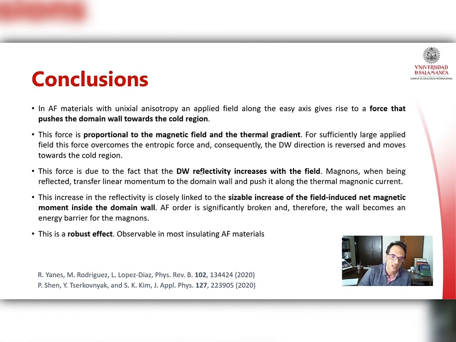So since antiferromagnetic order is significantly broken inside the domain wall, it acts as an energy barrier for magnons that are therefore reflected. Finally, let me point out that we think this is a pretty robust effect, pretty general, so it should be observable in most insulating antiferromagnet materials.